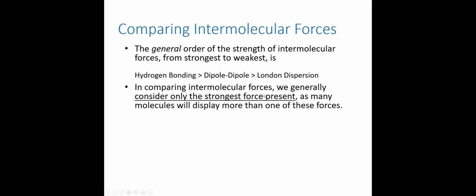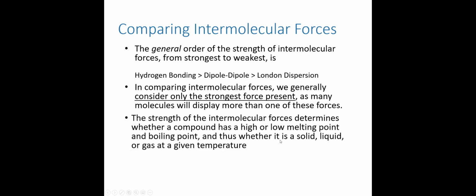So if we're trying to compare these, what we are only interested in is the strongest force present, because all molecules, for example, have London forces. So if a molecule has hydrogen bonding and London forces, we don't really care about the London forces so much as the hydrogen bonding, under most cases. So you want to locate what is the strongest force that each molecule possesses first.